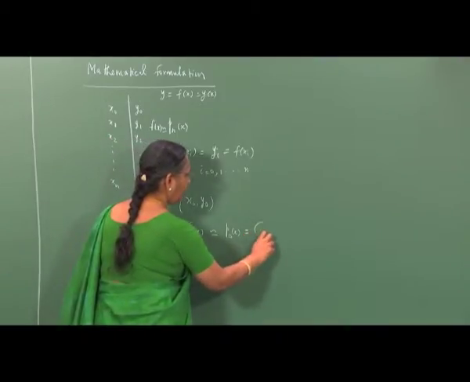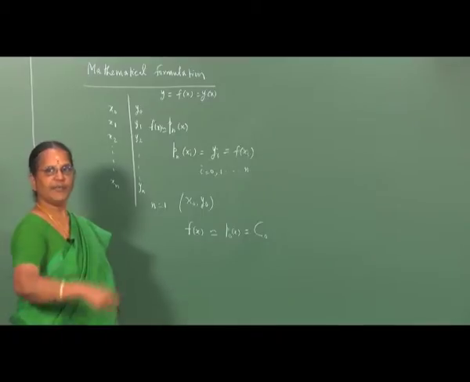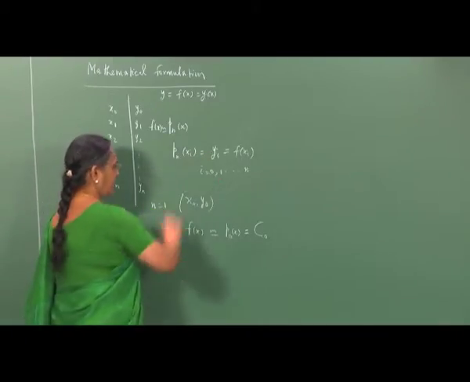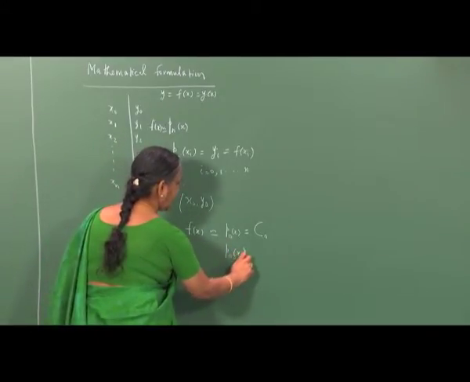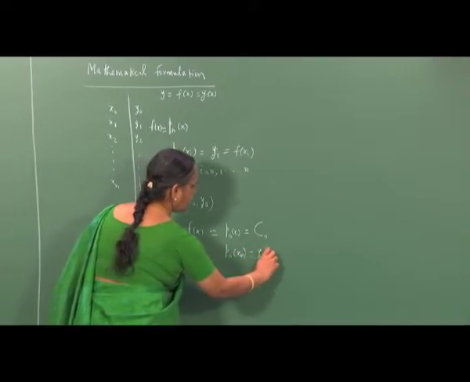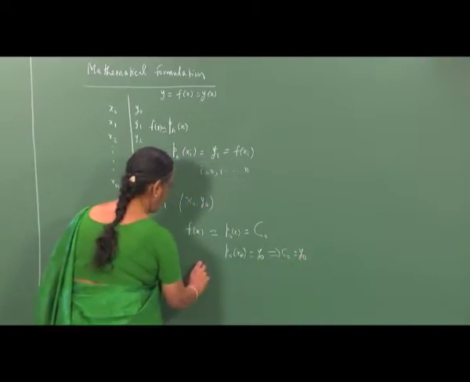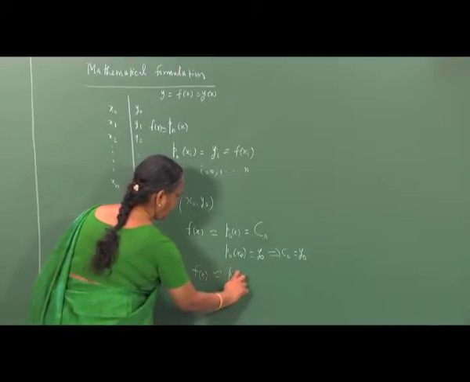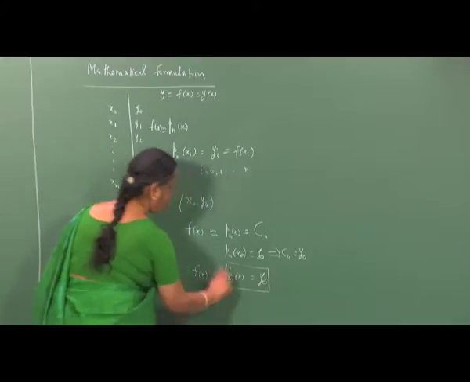Say suppose I call that constant as say c0, what should be the value of c0 so that the polynomial satisfies the given condition. So, I want p0 at x0 to be equal to y0. This immediately tells me that my c0 is y0. So, my constant polynomial that approximates this function is p0 of x is equal to y0.